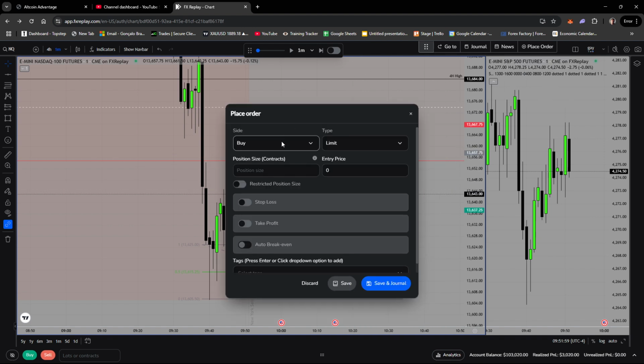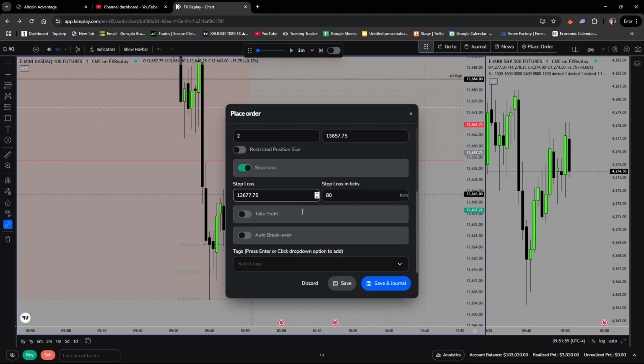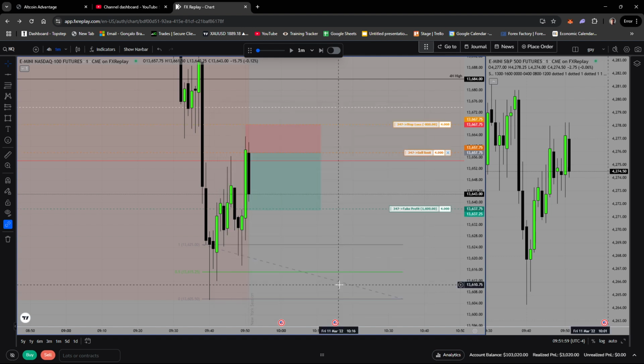Copy price. Sell limit. We broke the consolidation. 80. 40. It's correct now.